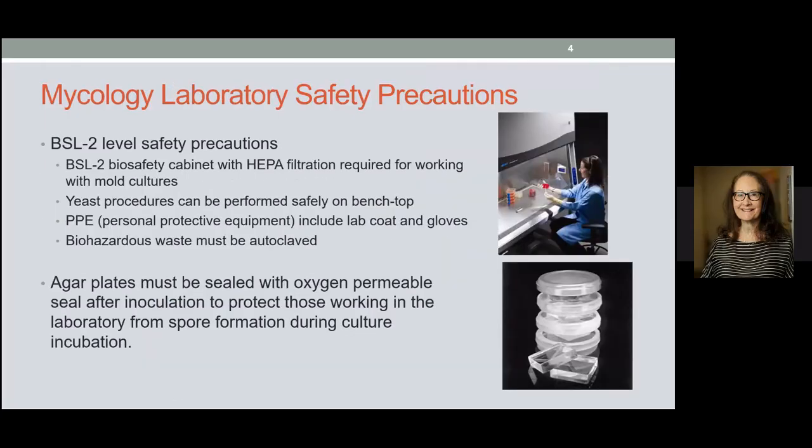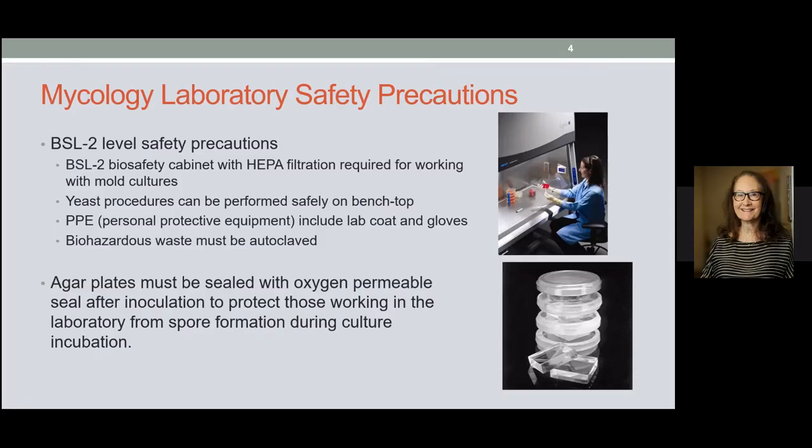Safety precautions are very important in the mycology laboratory. You need to use BSL-2 level safety precautions, and you use a BSL-2 biosafety cabinet with HEPA filtration whenever you are working with mold cultures. Those conidia can fly and go all over everywhere, and you certainly don't want people working in the laboratory exposed to molds.